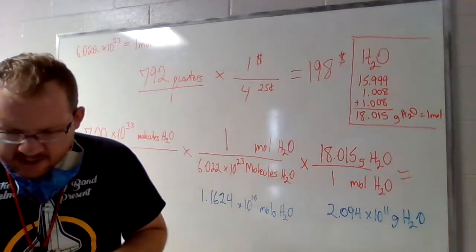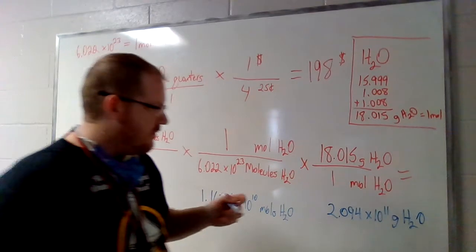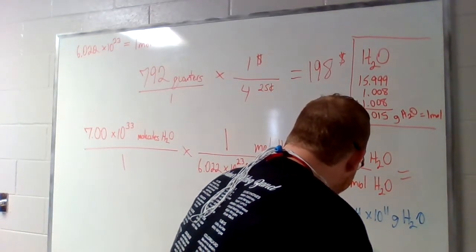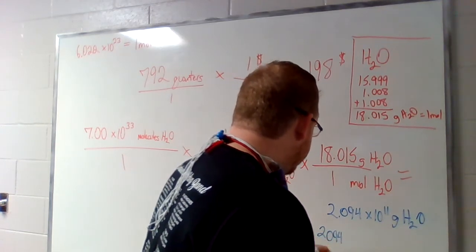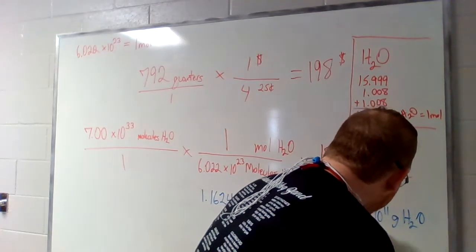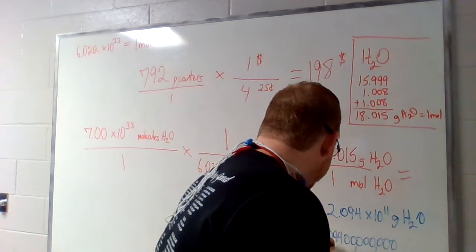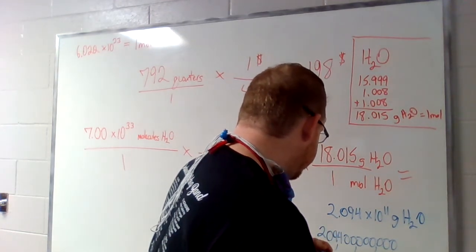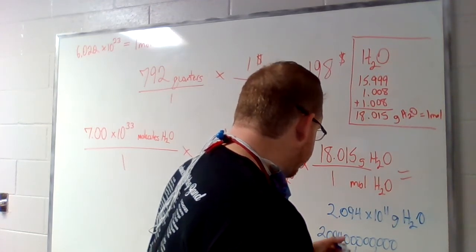And just so you know, that's a pretty big number. If we write this out, it's going to be 2.094 and then eight more zeros. And that would be 209 billion grams.